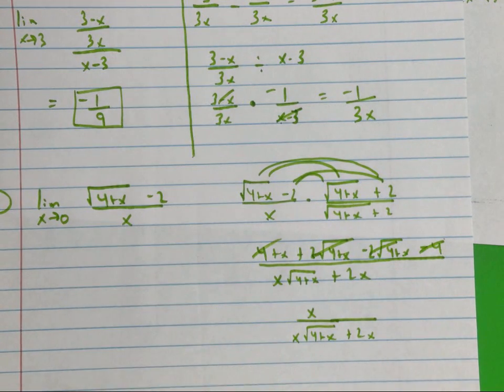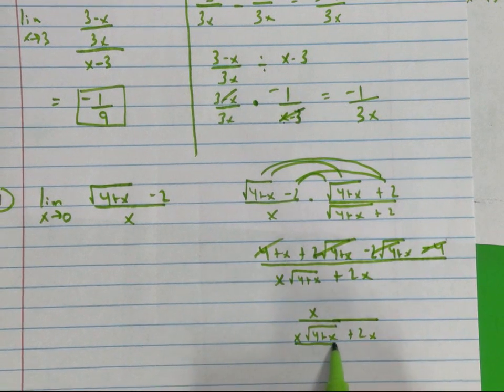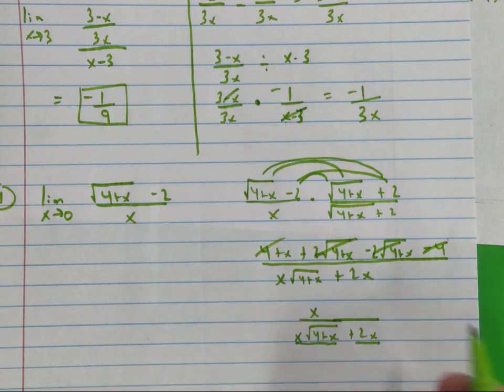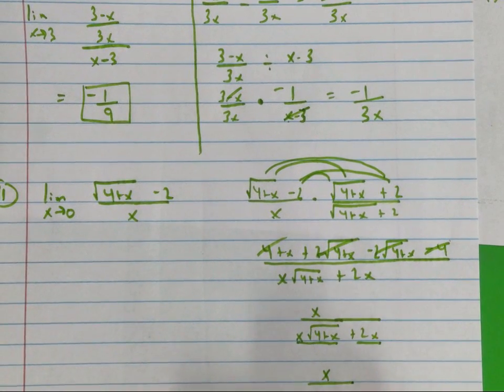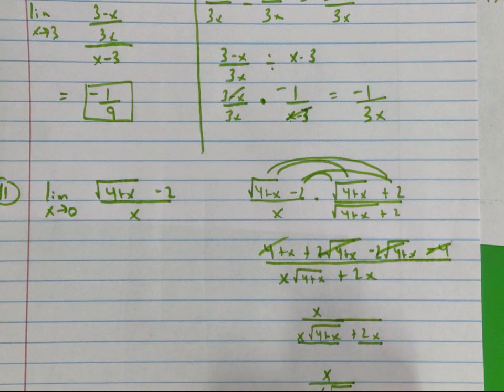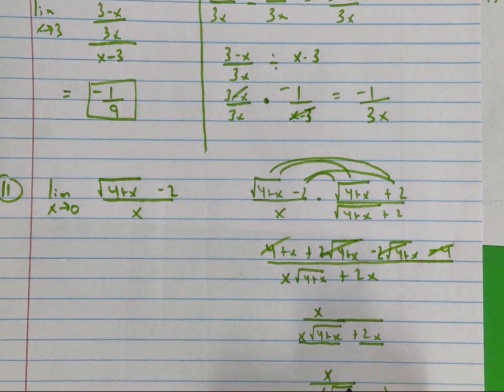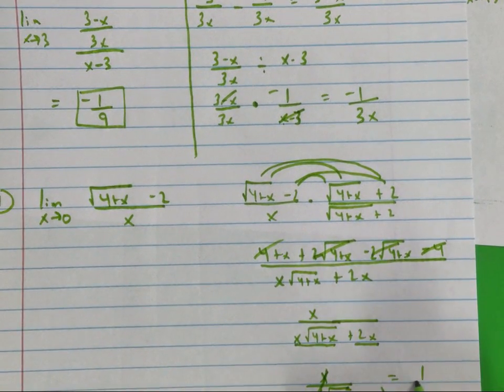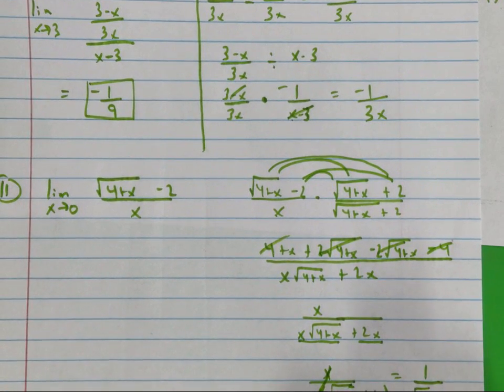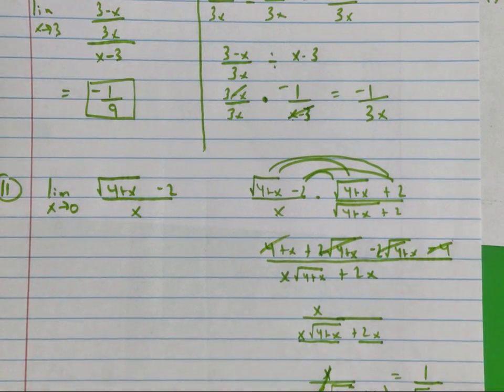So what can I do in the denominator? What can I do here? Do they have something in common I can factor out? What do both this term and this term have in common? X, exactly. So I'm going to factor x out on the bottom. And when I do that, guys, these x's cancel out. I'm left with 1 over square root of 4 plus x plus 2.